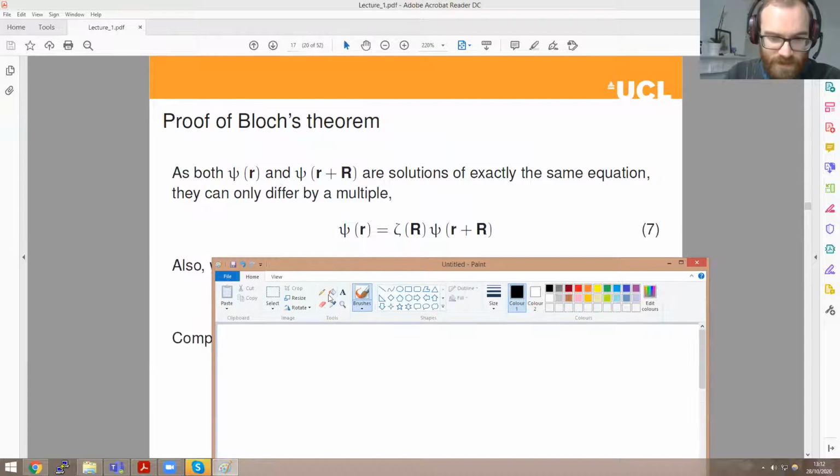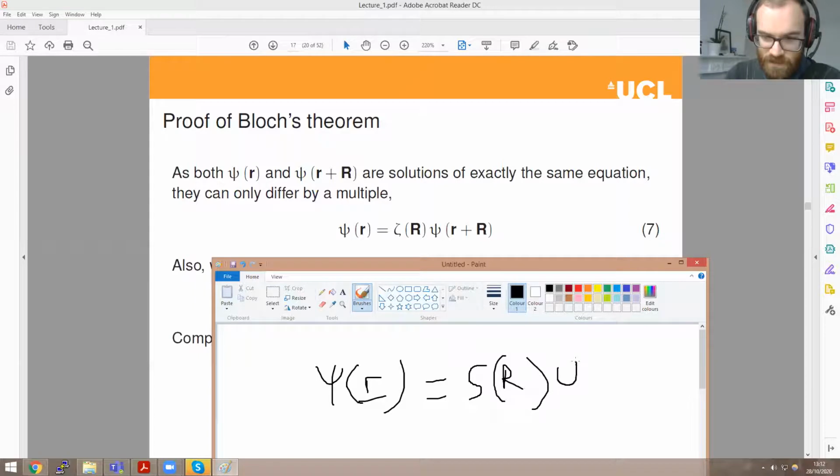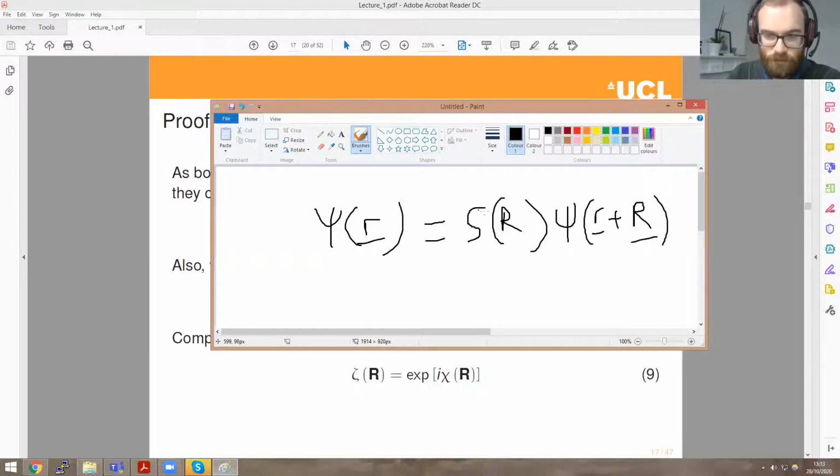So we've got this expression here to start off with, that psi of r equals whatever this letter is, times psi. And the idea is this equation, I'm just going to change this to alpha, which is what I have in the notes when I went through the derivation on pen and paper.